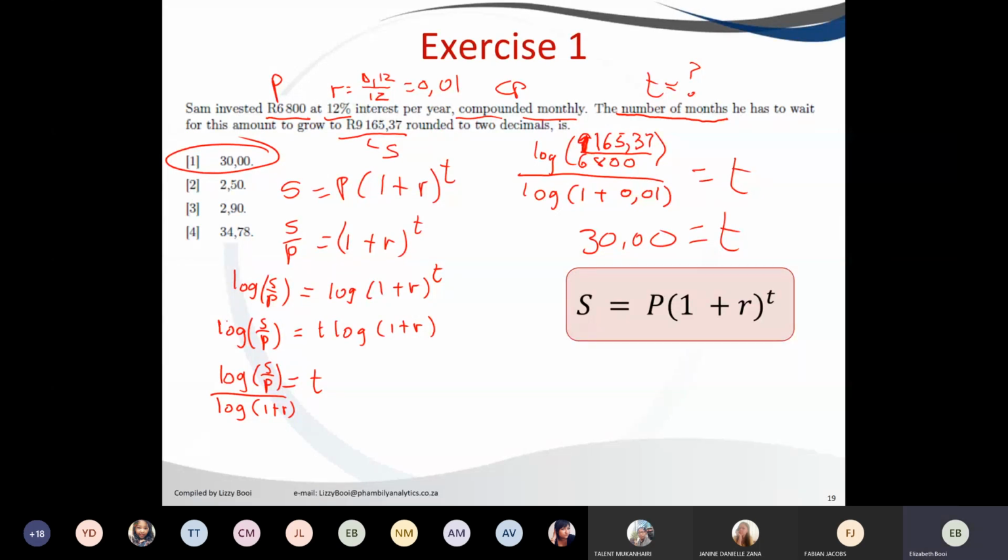And Elise, if you're using a Sharp scientific calculator, you will find it on the function somewhere there at the top. You must look for it. I don't know where it is, but you must look for it.